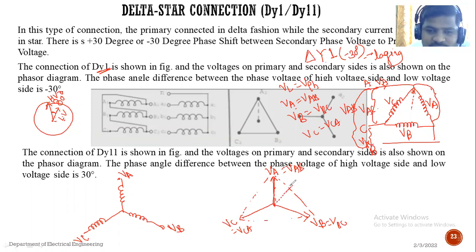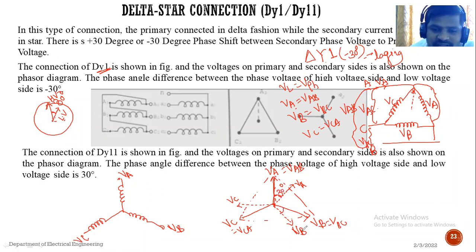This is the voltage VA in the star-connected secondary side. Similarly, as it is a balanced phasor, we can draw another one here. This is the voltage VC on the secondary side, and this is the voltage VB on the secondary side. It will lag behind the HV winding by an angle of 30 degrees.